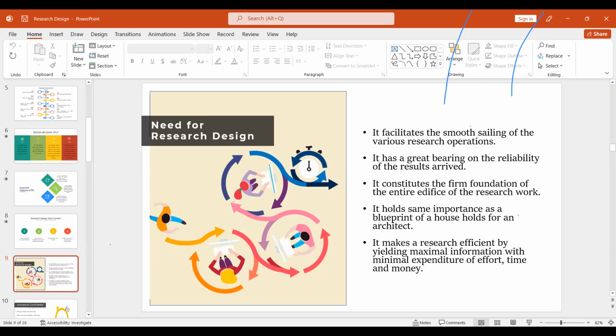Design helps the researcher to organize his ideas in a form where it will be possible for him to look for flaws or inadequacies. The last point is that it makes a research efficient by yielding maximal information with the minimal expenditure of effort, time, and money.